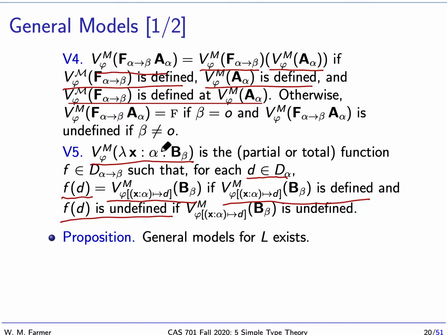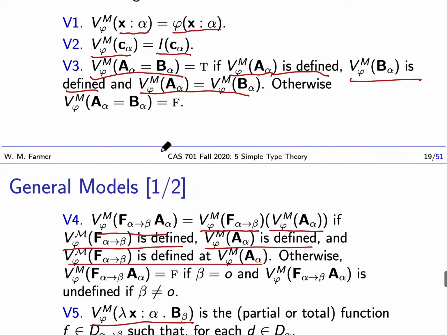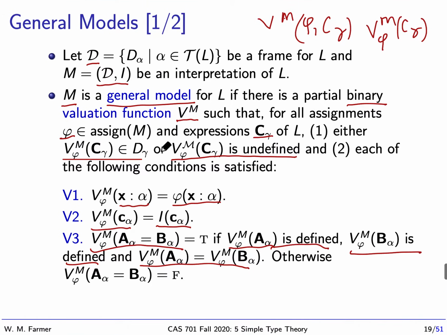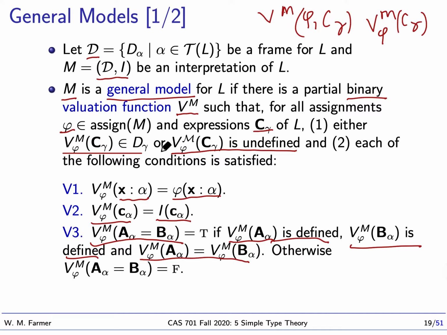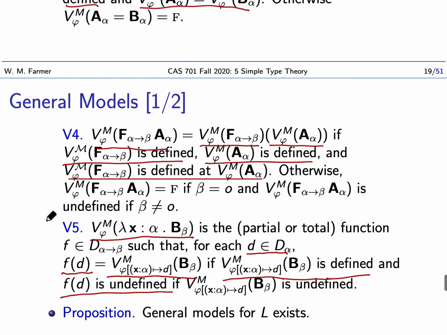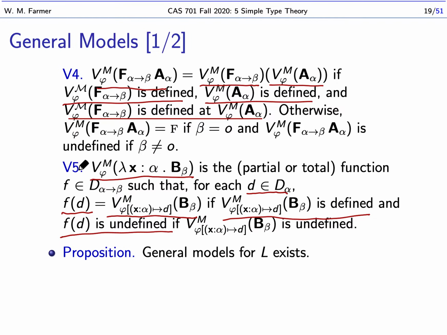So if we go back and look a little bit at what's going on here, variables are always given a value, constants are always given a value, and equalities are always given a value. And function abstractions are always given a value, though the value could be a partial function.